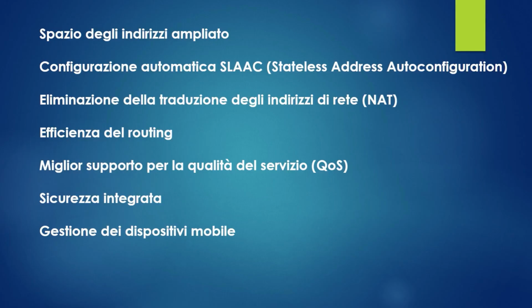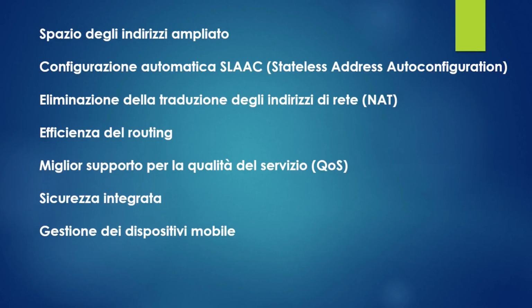First of all, as we saw a few seconds ago, the IP address space, which is 340 undecillion IP addresses. Then there's the automatic configuration, stateless address auto configuration, or SLAAC, which is used to automatically configure IPv6, which usually takes it from the MAC address. So it's unique and does everything on its own. And the elimination of network address translation, which is NAT.